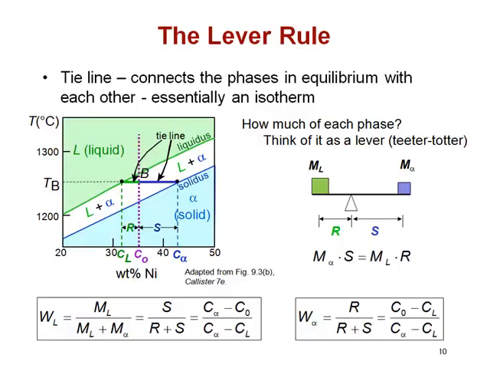It has to balance, right? If it is shorter on one side and longer on the other side, there is more of this side compared to the other one in order to balance. It's the tie line, and like a teeter-totter, it works. Got that? This is what you already know if you have done the materials and manufacturing 1 unit.